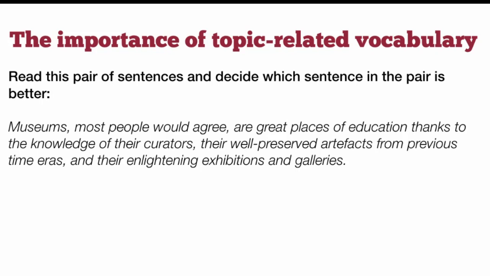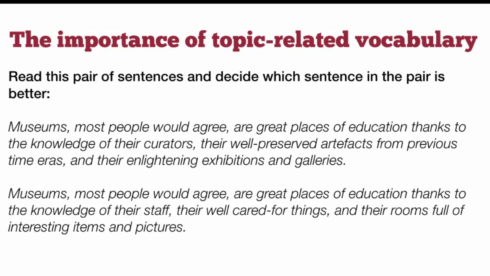Contrast that with the second sentence. Museums, most people would agree, are great places of education thanks to the knowledge of their staff, their well-cared-for things, and their rooms full of interesting items and pictures. Hopefully, you chose the first option.